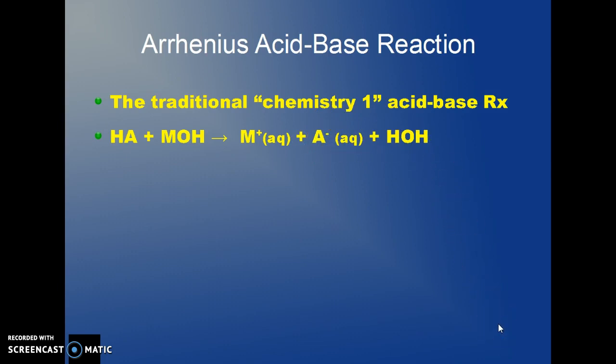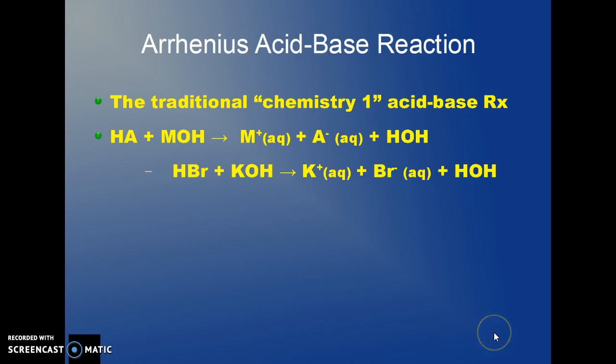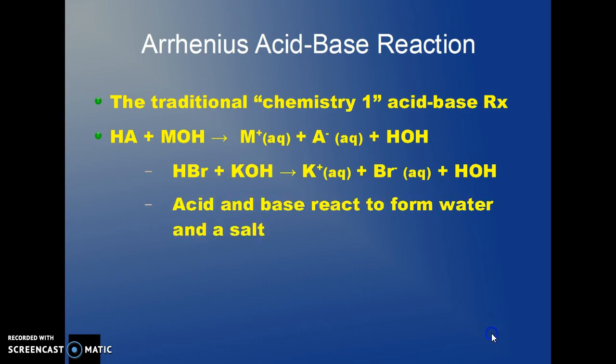All reactions then form salts in water. So hydrobromic acid reacts with potassium hydroxide to form potassium and bromide salts and water. An acid reacts with a base to form water and a salt.